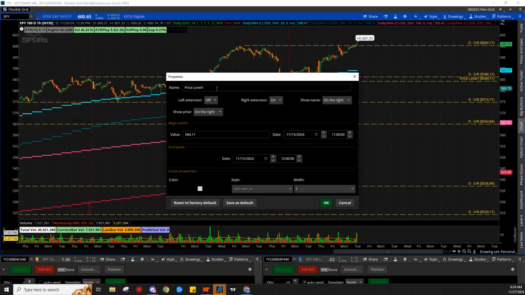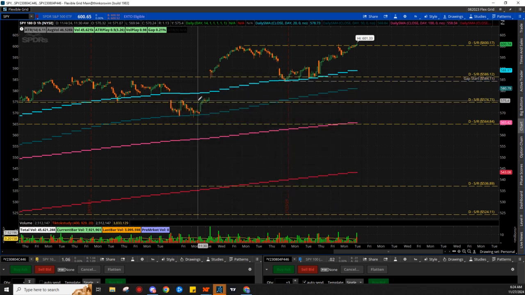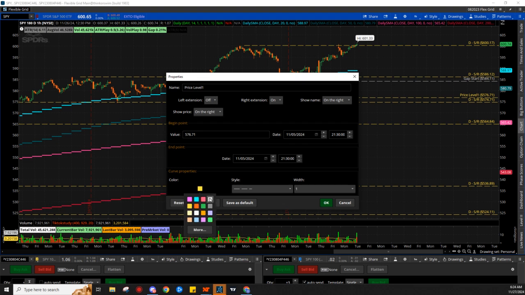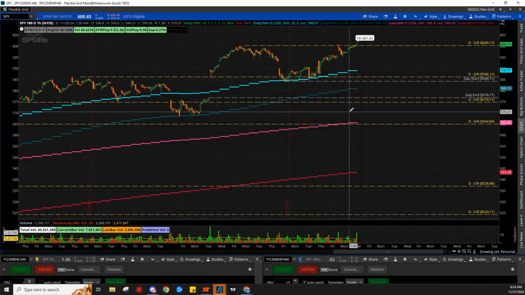Gonna make this white or gray, whatever you want to call that, and put this as gap start. Because the gap, that's where it starts. Gap end. Look at that. Nice and easy peasy lemon squeezy.